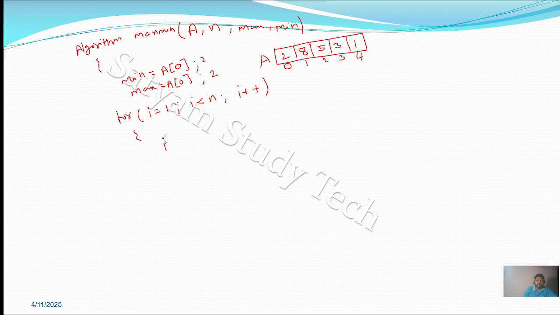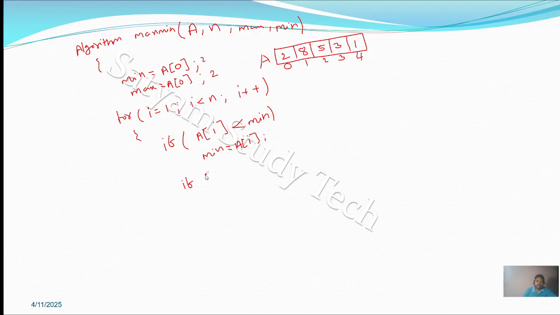Here, if A of i is less than min, then min equal to A of i.